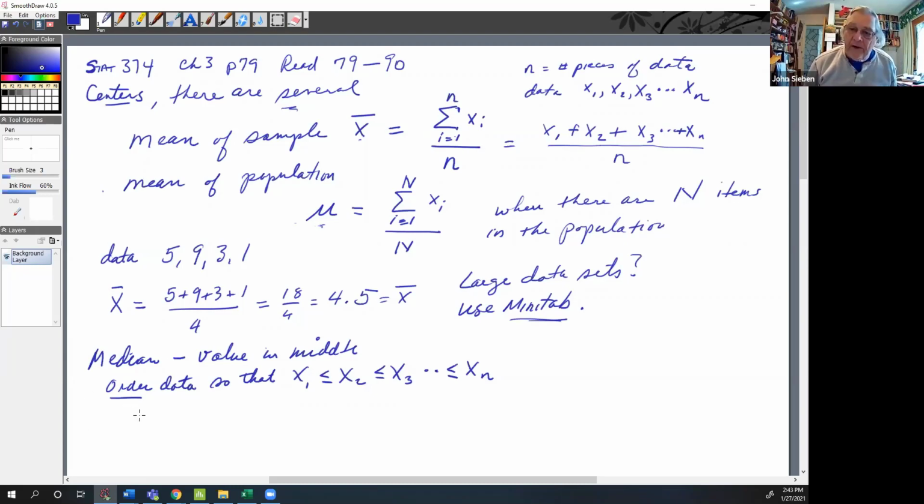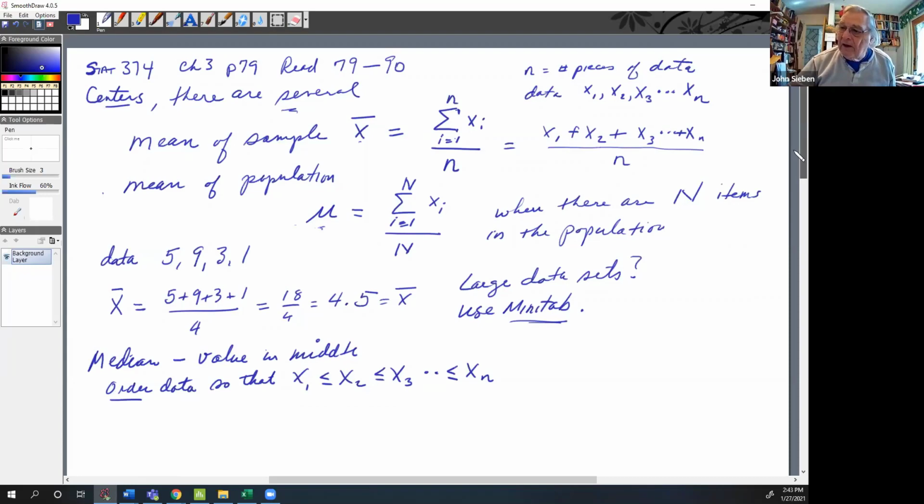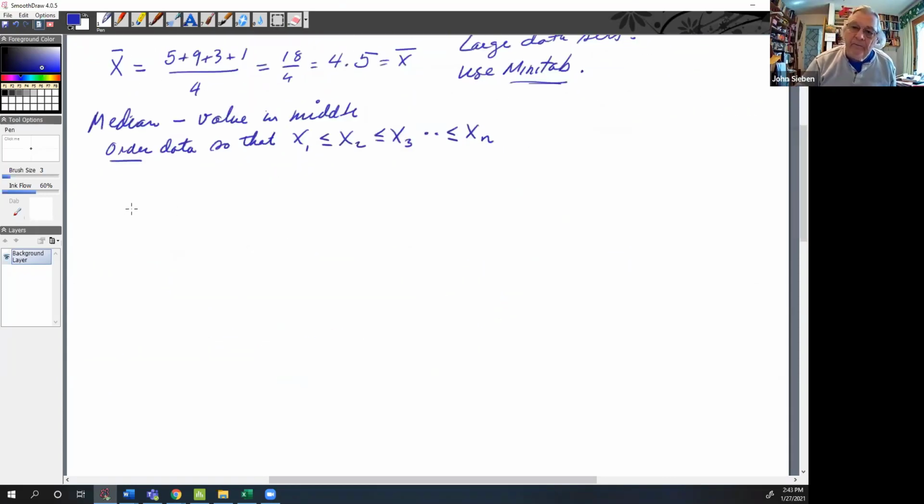I made up an example here that I think we'll just go ahead and look at. Let me scroll a tad. So just some made up numbers: 6, 9, 1, 18, 15, 3. Let's see, 1, 2, 3, 4, 5, 6. So my n is equal to 6.